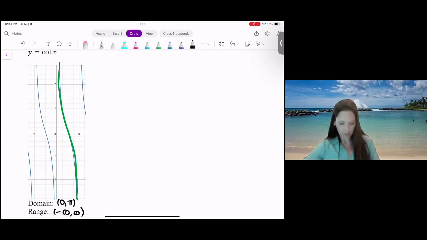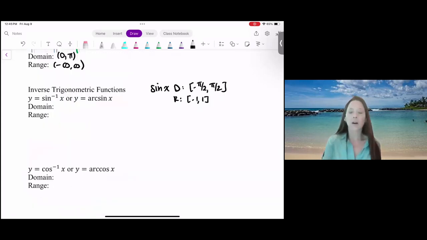Okay. Now let's look at our inverse trig functions. We're going to switch the domains and the ranges for each of the reciprocal functions. So inverse sine of sine, domains and range changes. Inverse cosine, inverse tangent, we're going to take the domain and range that we've determined and we're going to swap them. Off to the right, I've written the domain and range for sine.